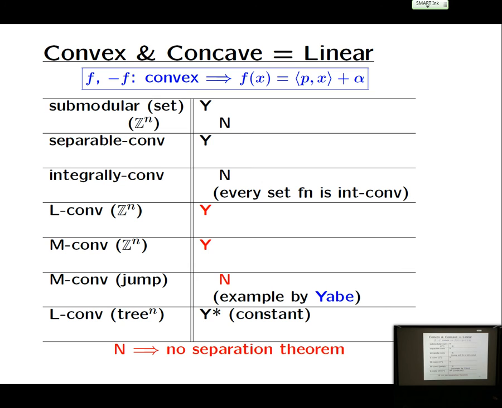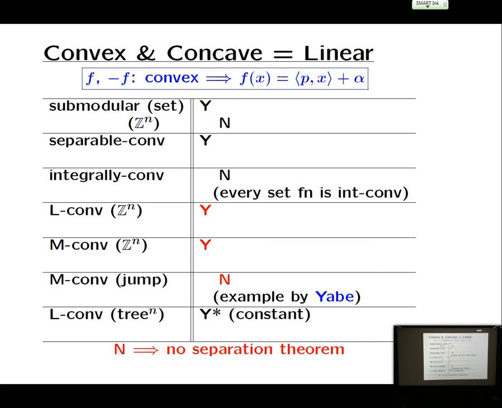For L and M, we could prove it. Actually, I worked it out some months ago. It's not easy. And for M-convex functions, it's even worse. There's a counterexample, from a former student of mine, a very simple counterexample showing that this is not true for M-convex functions on jump systems.